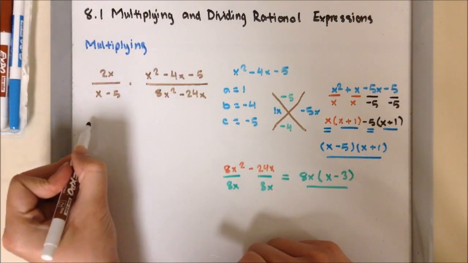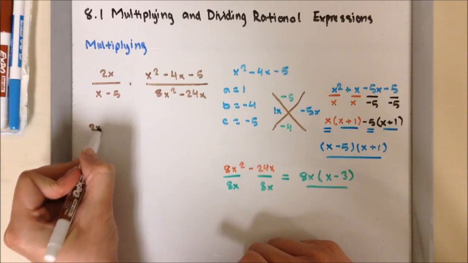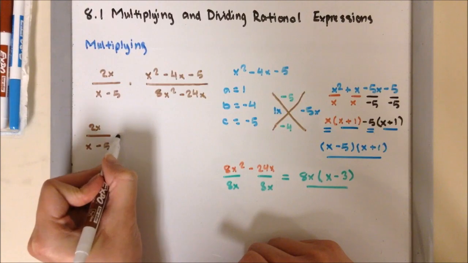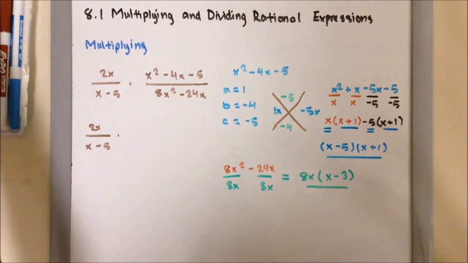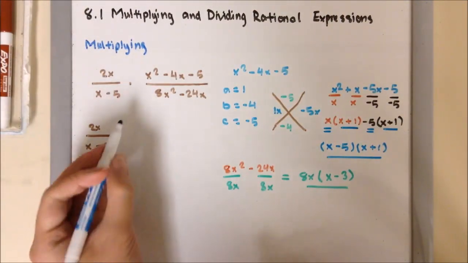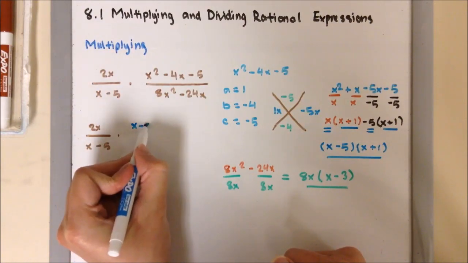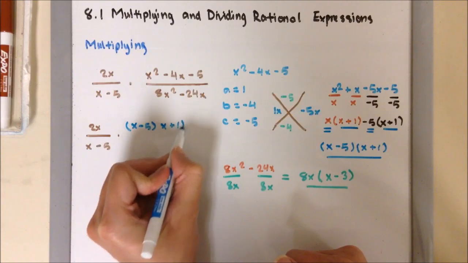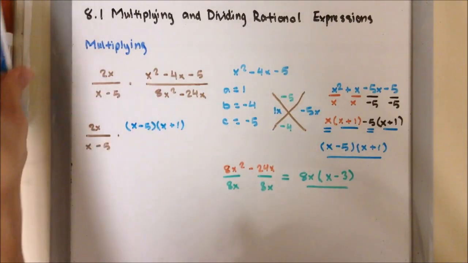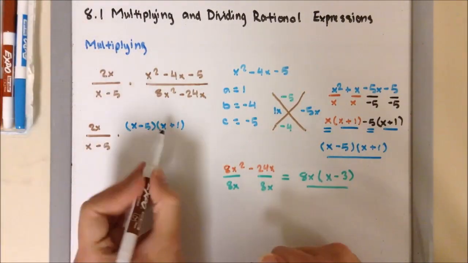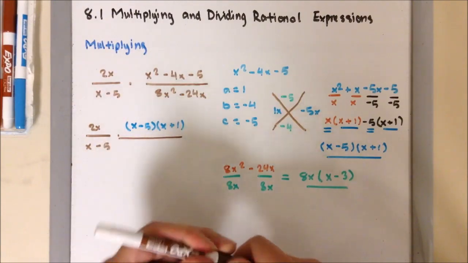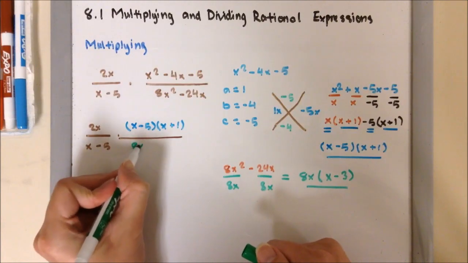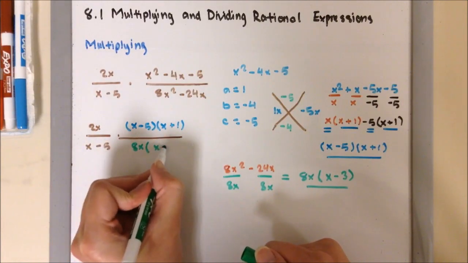Again, we didn't do anything to the first fraction, so it's going to be 2x over x minus 5, times the numerator, which is x minus 5 times x plus 1, and then our denominator, 8x times x minus 3.